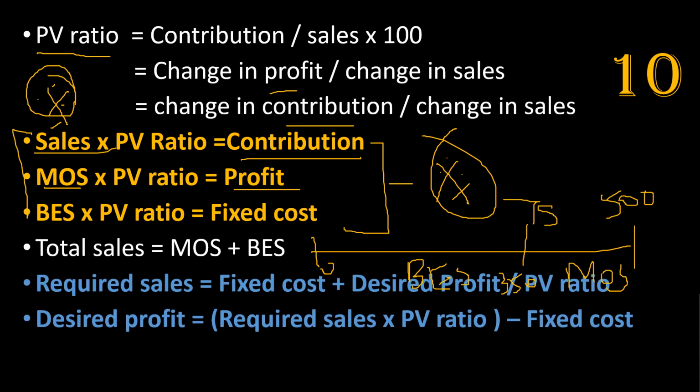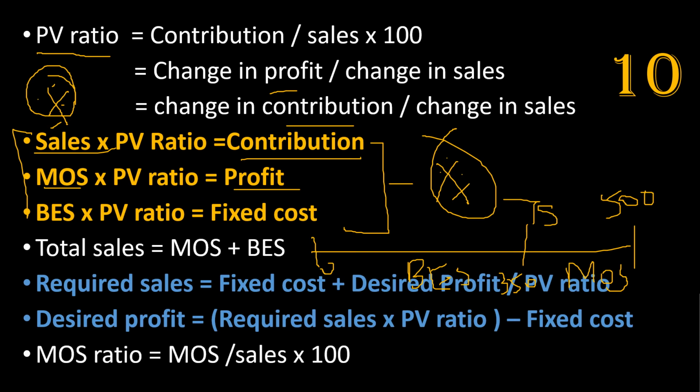And in order to find the required sales, the formula is fixed cost plus desired profit divided by PV ratio. And the desired profit is equal to required sales into PV ratio minus fixed cost. And the last formula is margin of safety ratio. Margin of safety ratio is equal to margin of safety divided by sales into 100.